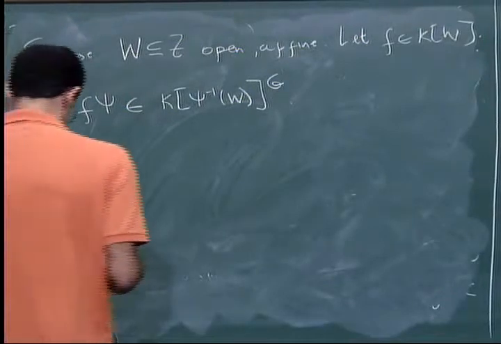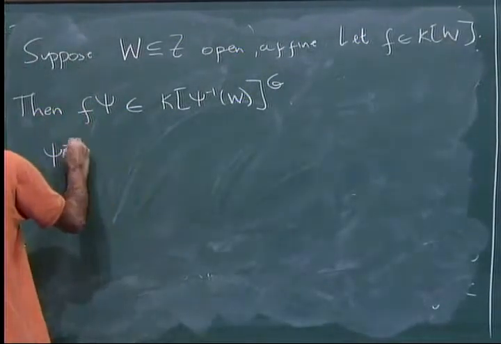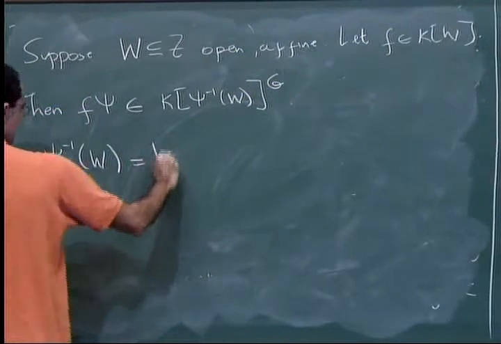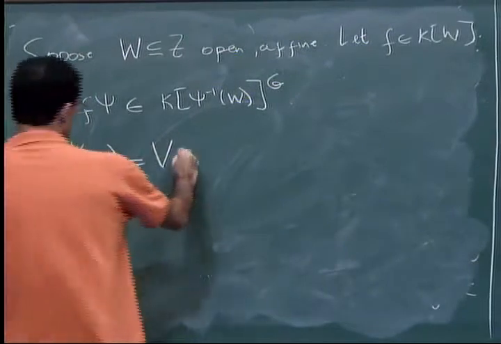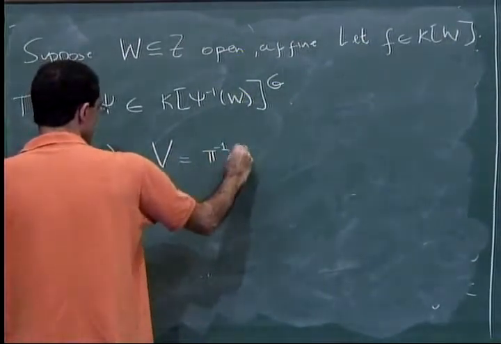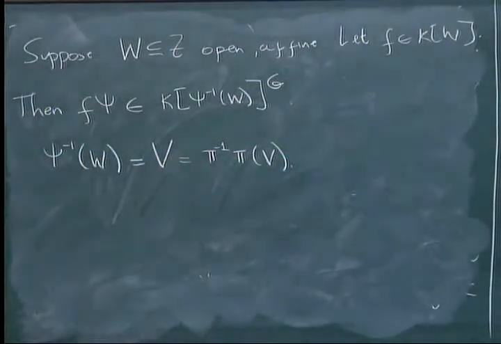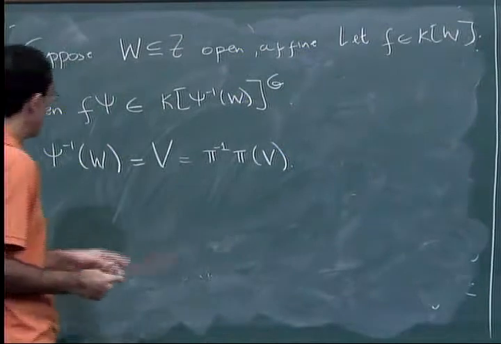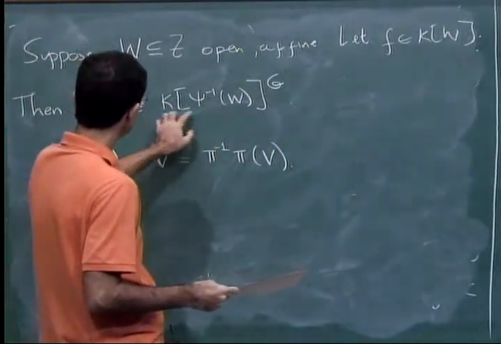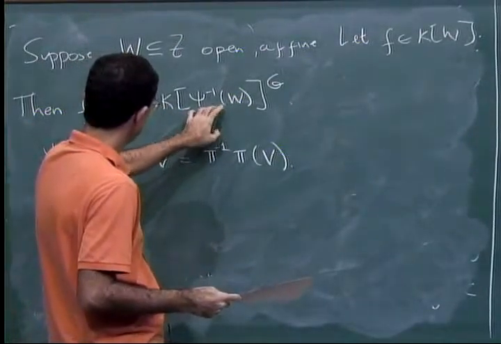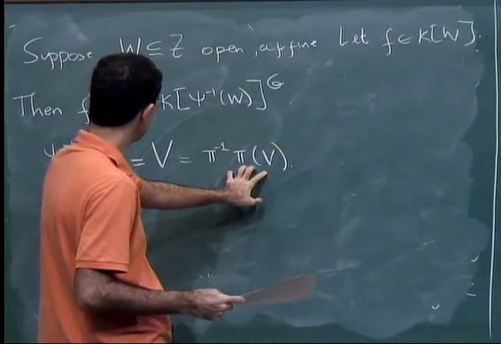Of course, we've just seen that this is V, which is pi inverse of pi of V. So we're dealing with an invariant function on the inverse image of an open set.